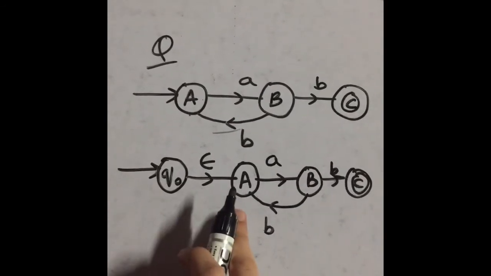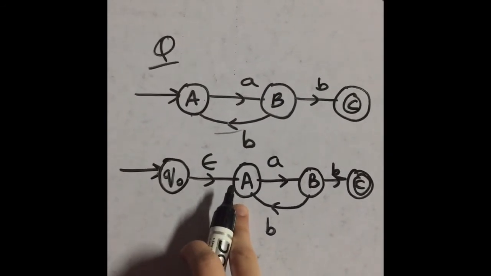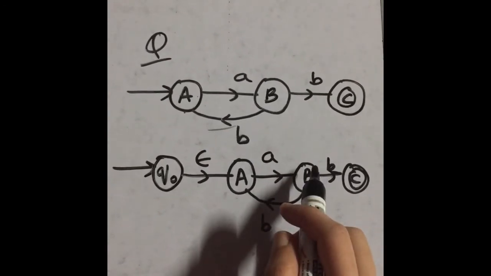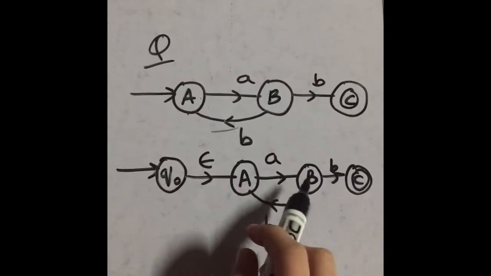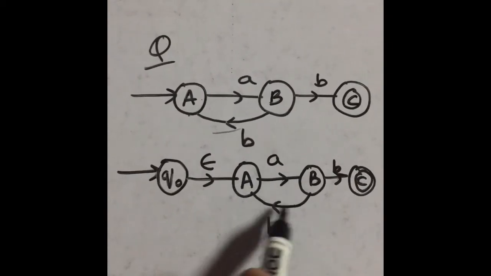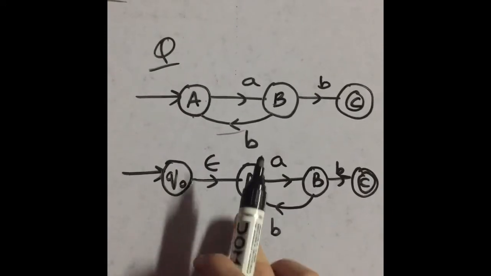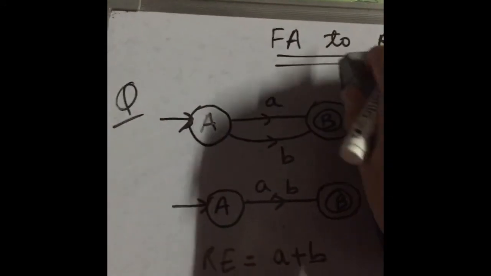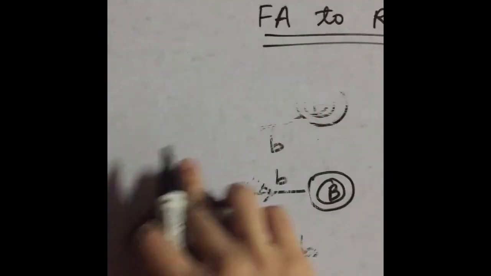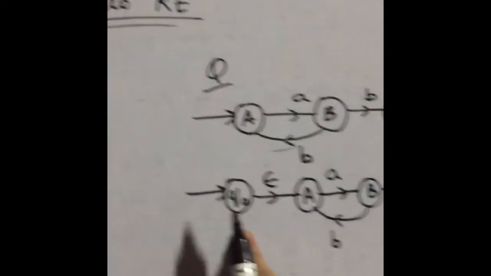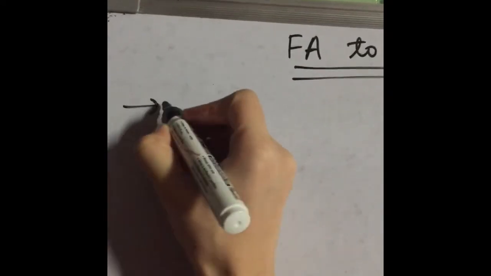First let's check. If I remove A, then it is null dot A to B, and there is a loop which says B A. So how can I remove this A? First I write this initial state.